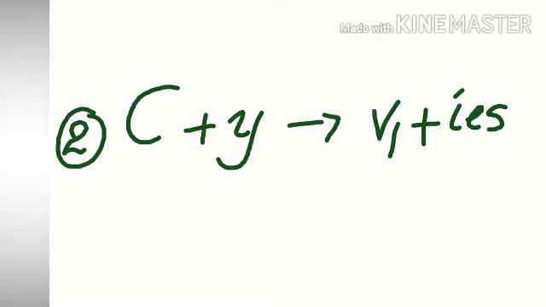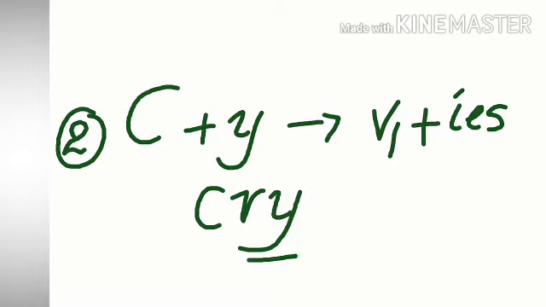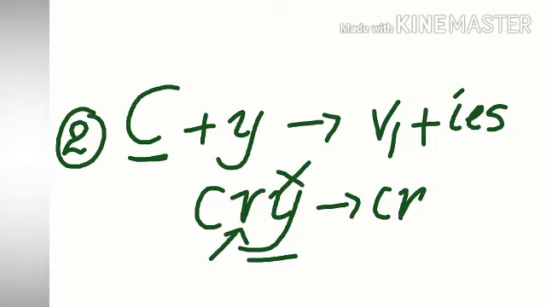For example, cry. We can't simply add s. The baby cries. We can't say crys. So this is the letter Y, and here we have the consonant. Now write cr, remove this Y and add ies, cries.